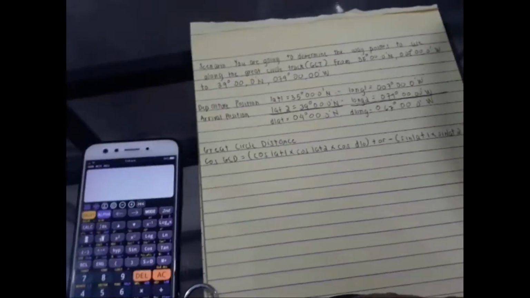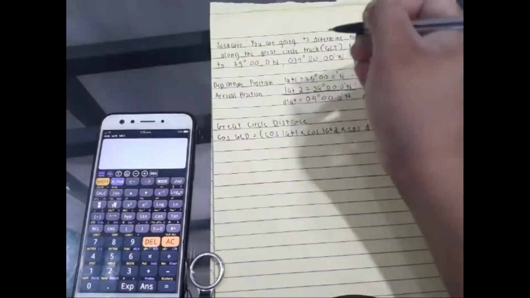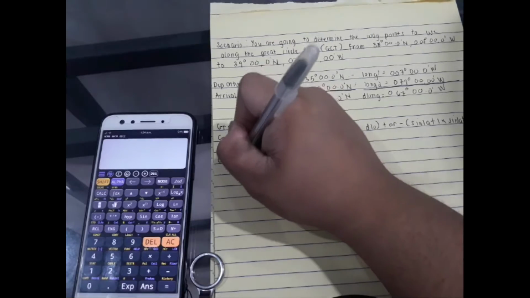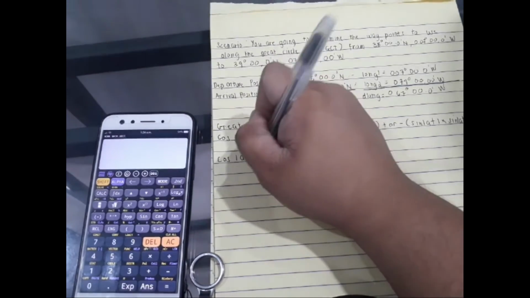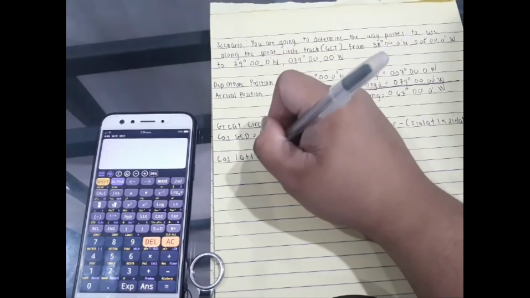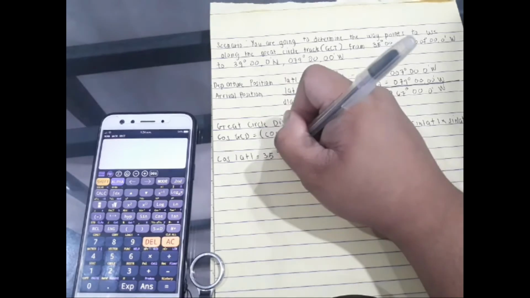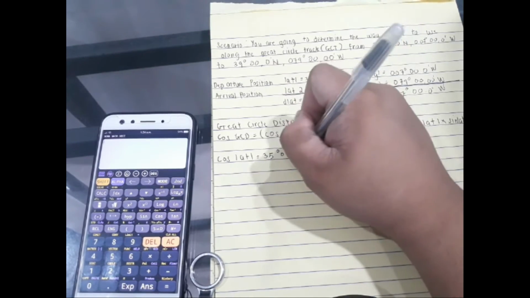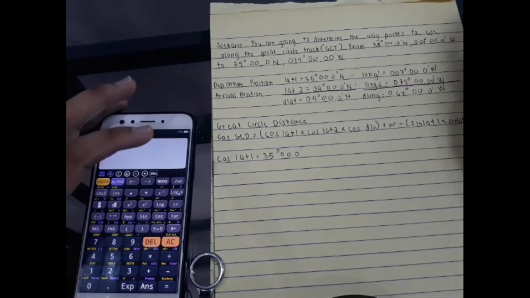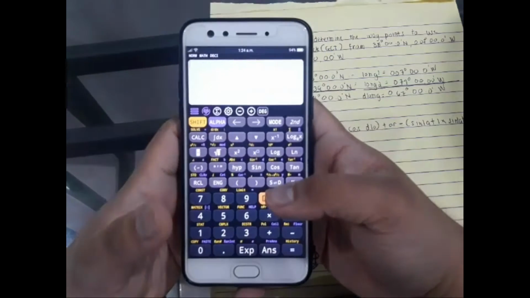First we're going to write the cos lat 1, which is cos of 35 degrees. To get the answer, of course, we need a scientific calculator.